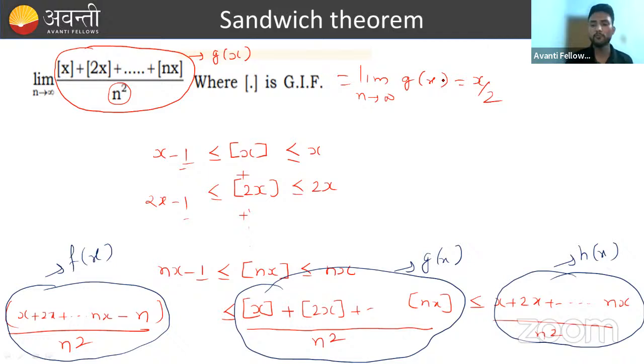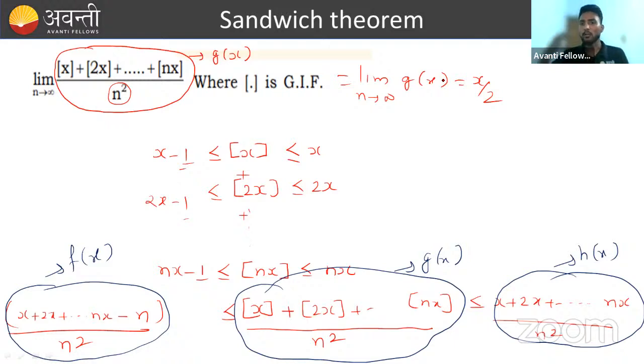So basically what you have to do, guys, you will be given a gx function, and you have to create f of x and hx by the use of the properties of the function. You have to create one inequality between hx and f of x, and there will be a sandwich formation.